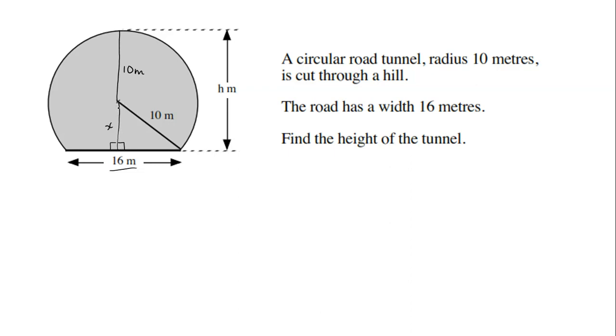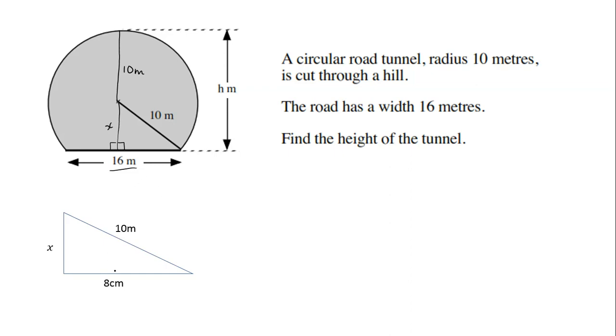Now, as you probably know from previous examples with Pythagoras, if we've got a diagram that we've managed to find a triangle in, I quite like to redraw the triangle, just so it's easier for me to work with.